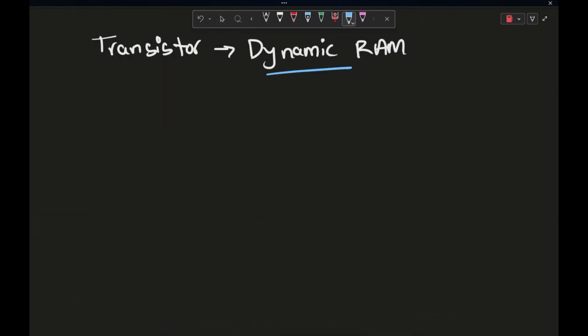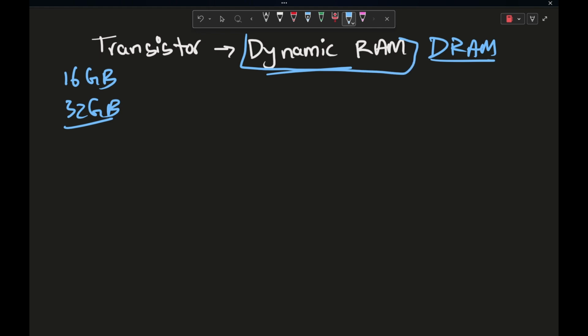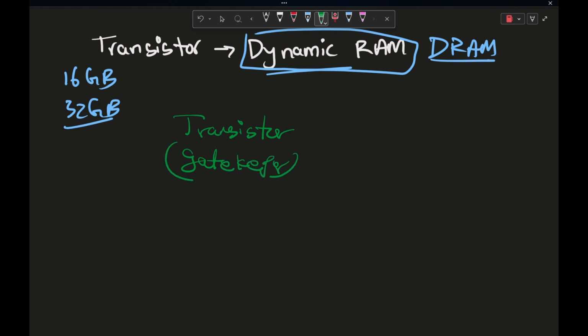Now in the case of dynamic RAM, also known as DRAM, when we see in a laptop that it has 16 GB of RAM or 32 GB of RAM, we are basically talking about dynamic RAM. In dynamic RAM, the transistor acts as a gatekeeper and the actual charge is stored in a capacitor.